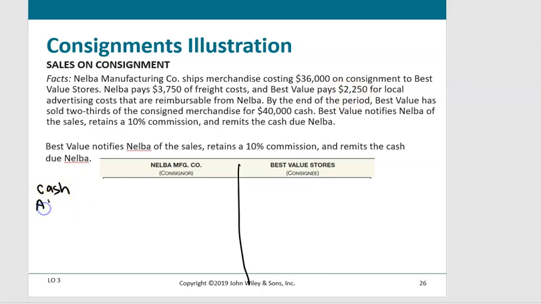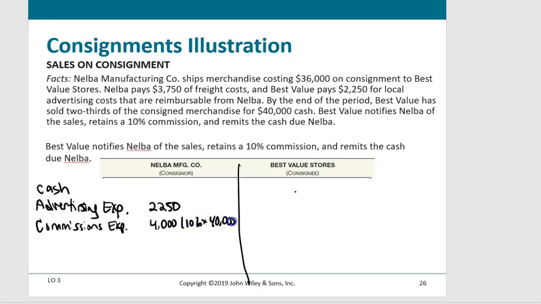NELBA records advertising expense because even though Best Value ran the advertising, the contract was set up so that NELBA was responsible for payment and its benefits, the cost incurred, is going to benefit NELBA, so it's an expense to NELBA for $22.50. There's commissions that NELBA incurred, the 10% commissions by Best Value, so we debit to increase commissions expense for $4,000 or 10% of the sales price of $40,000 on those consigned goods.